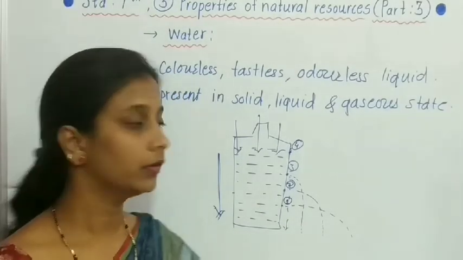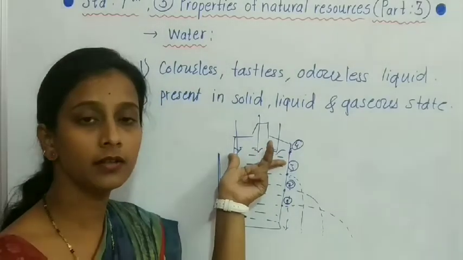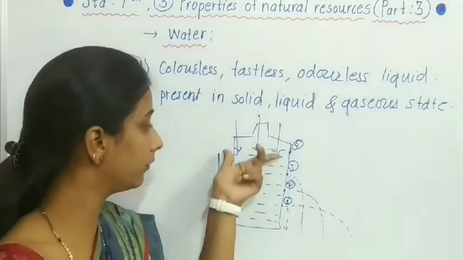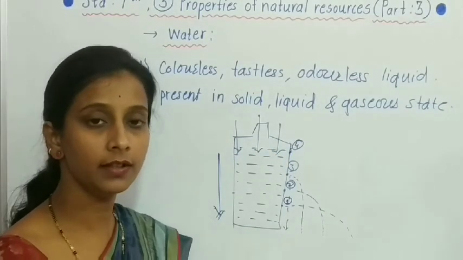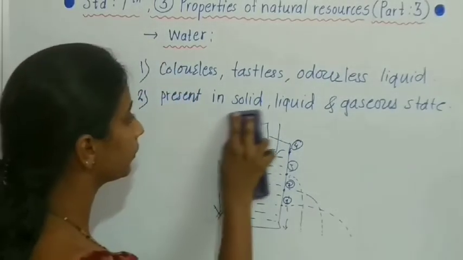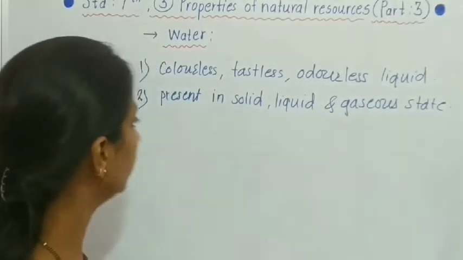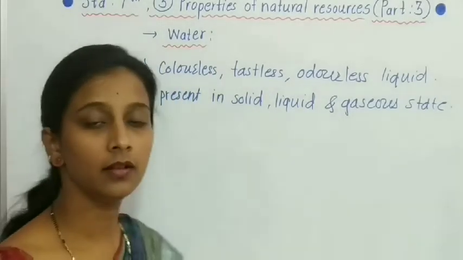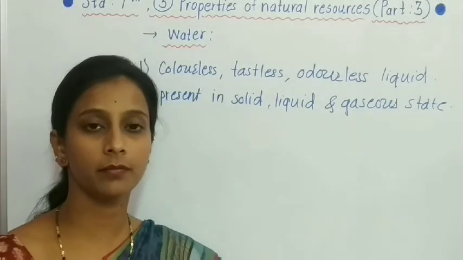So this experiment tells us that pressure is very less at the surface of the liquid, and pressure is very high at the depth of the liquid. Understand? So this is about the effect of air pressure on water. Okay, so we have seen this third property of water, the effect of air pressure on water.